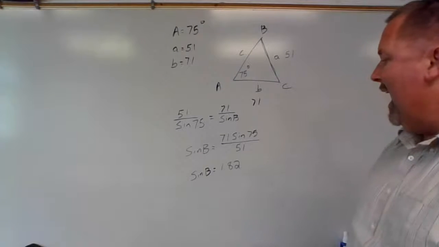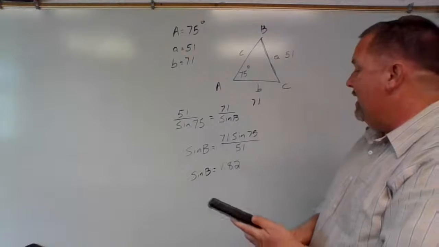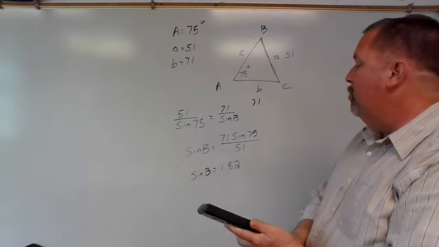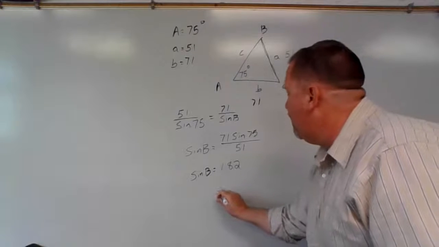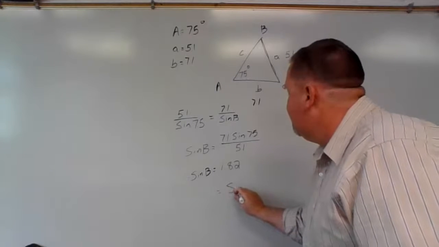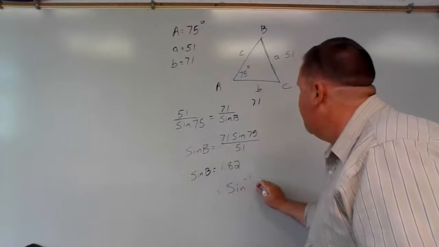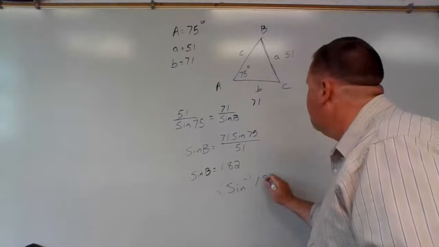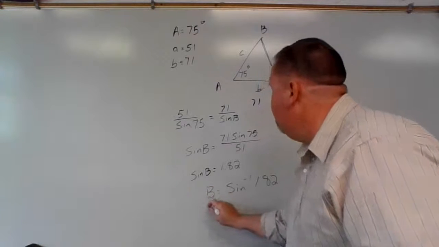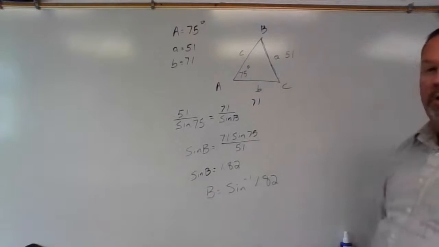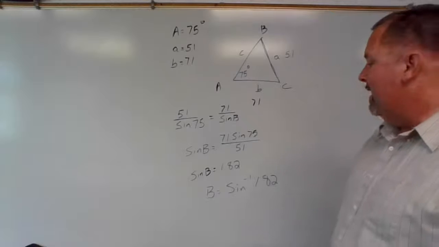This is find the angle whose sine is 1.82. The way I've moved that word sine to the other side is change it to an arc sine. So this will say B equals arc sine 1.82.